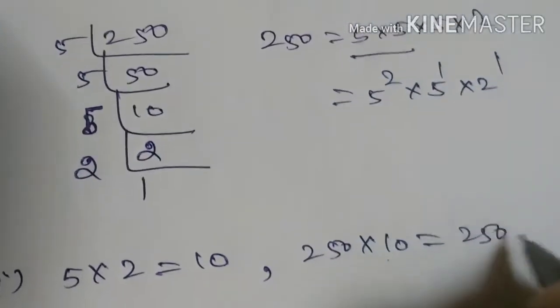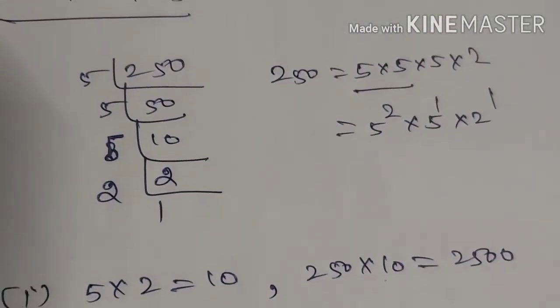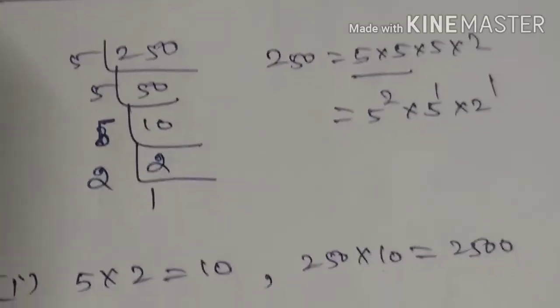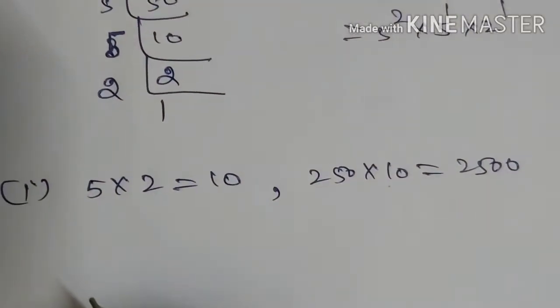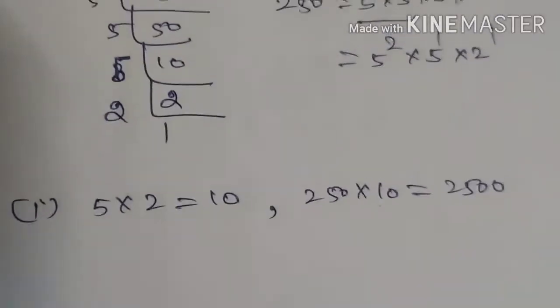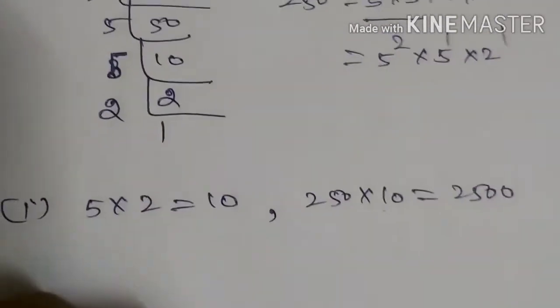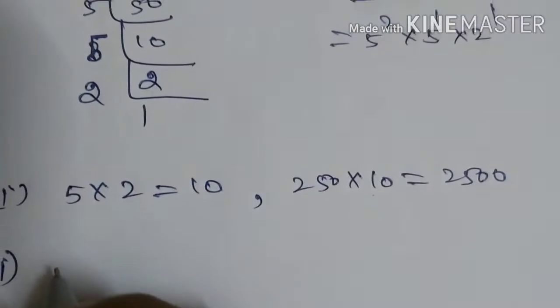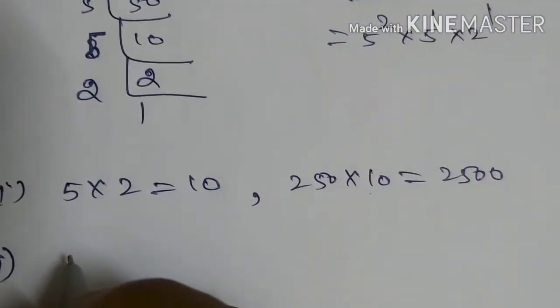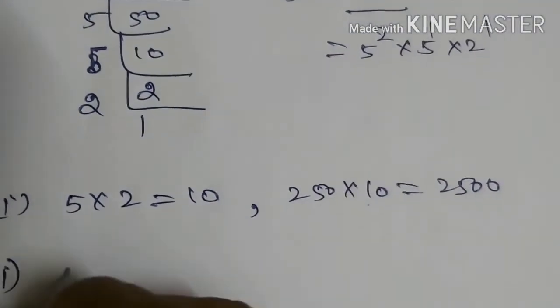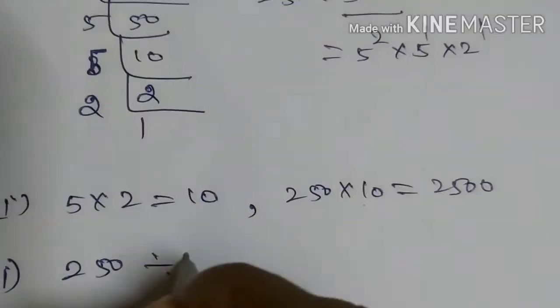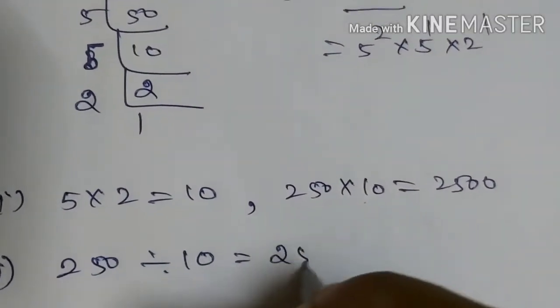So 5 power 2, 5 power 2 and 2 power 2, therefore the root of 2500 is 50. If we divide 250 by 10, the answer is 25. We get the square root of 25 equals 5 into 5, so 5 square. So the remaining answer is 5.